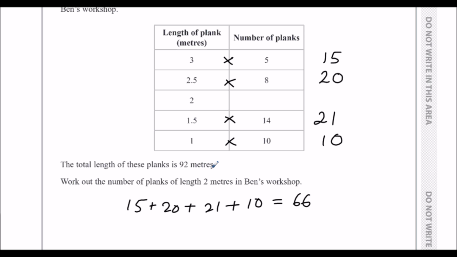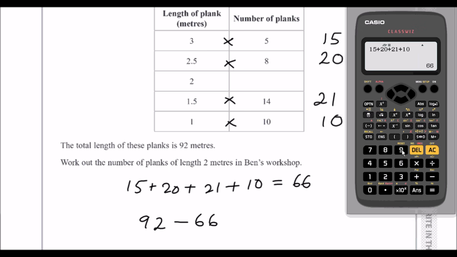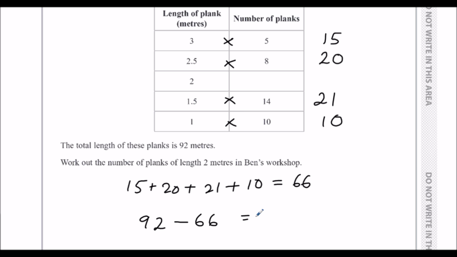The total length is 92. So all the planks together is 92. These ones we've got so far are 66. So 92 take away 66 is 26 meters. So this missing number here must be 26.